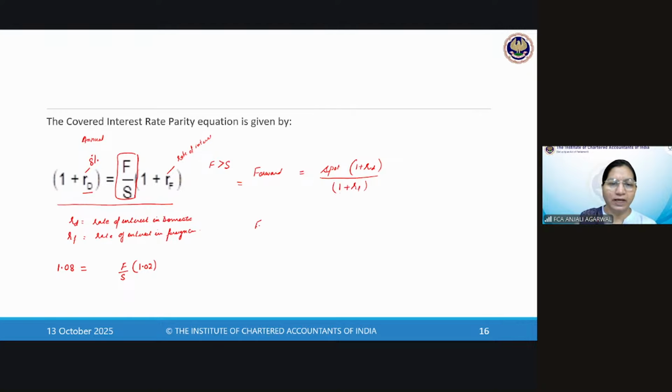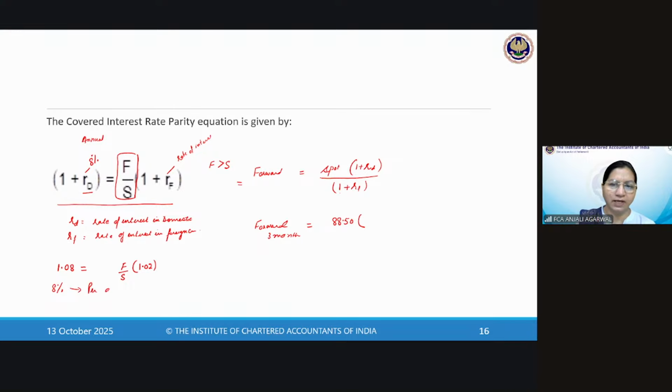So if we want to calculate the 3 months forward from the given data, spot was 88.50. The rate of interest in domestic currency is 8%, but 8% is per annum.